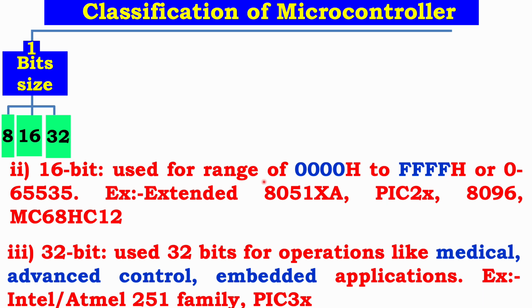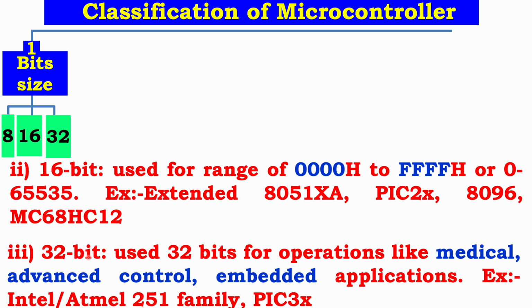The number of operations is very largely improved: 65535 instructions can be executed at a time in the ALU, the arithmetic logic operations of a microcontroller. Examples are extended 8051XA, PAC 2X, 8096, MC68, HC12 and so on. There are many 16-bit microcontroller manufacturers.